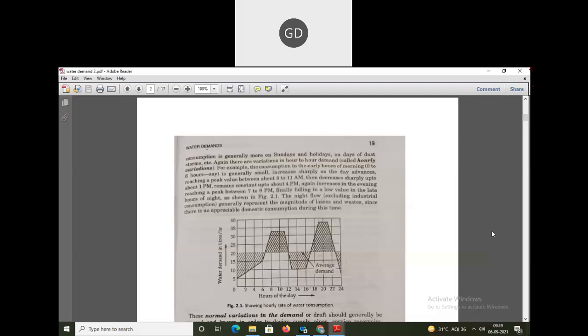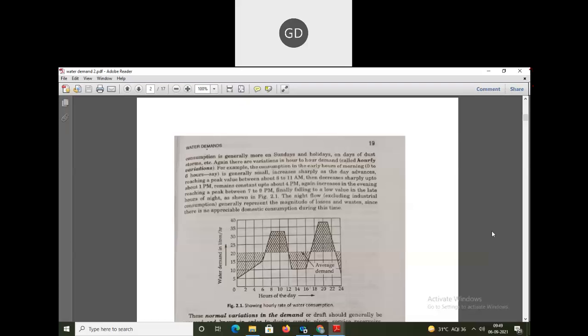So this is your hourly variation. All the variations we have discussed. In this diagram you can see how the water demand in a particular hour of a day is varying. As I already told, from 8 a.m. to 11 a.m., the water demand reaches its peak value.